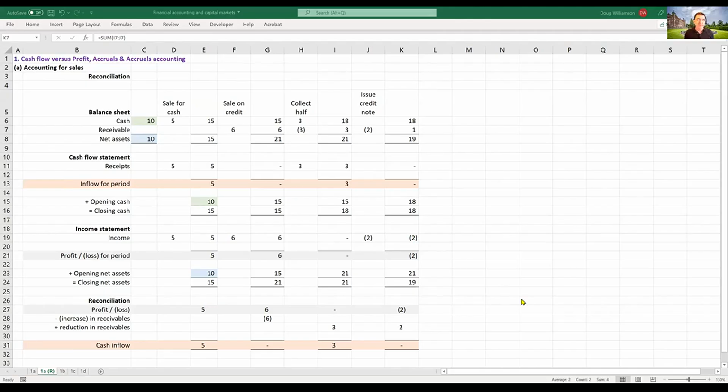A few segments back, we were talking about accounting for sales. Let's take a copy of that. So this is a duplicate of our tab for accounting for sales, and this tab will be accounting for accrued income.